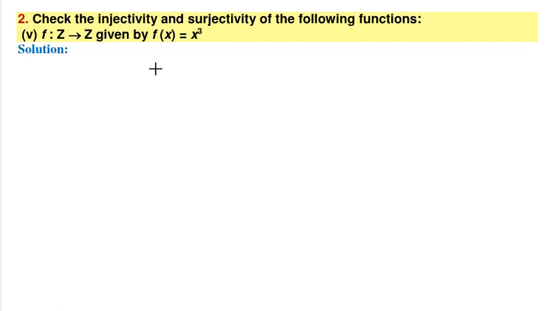If we take the mapping f of x equal to x cube, and the mapping f is from the set of integers to the set of integers, that means here x belongs to integers, and we have to confirm the validity of injective nature, that is one-to-one function, and surjective nature, that is onto function.